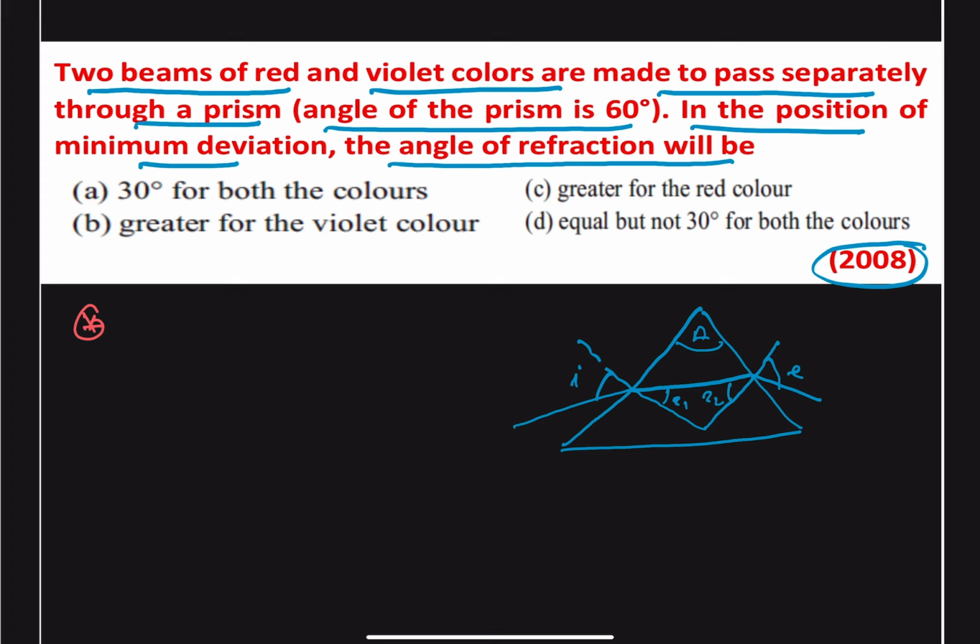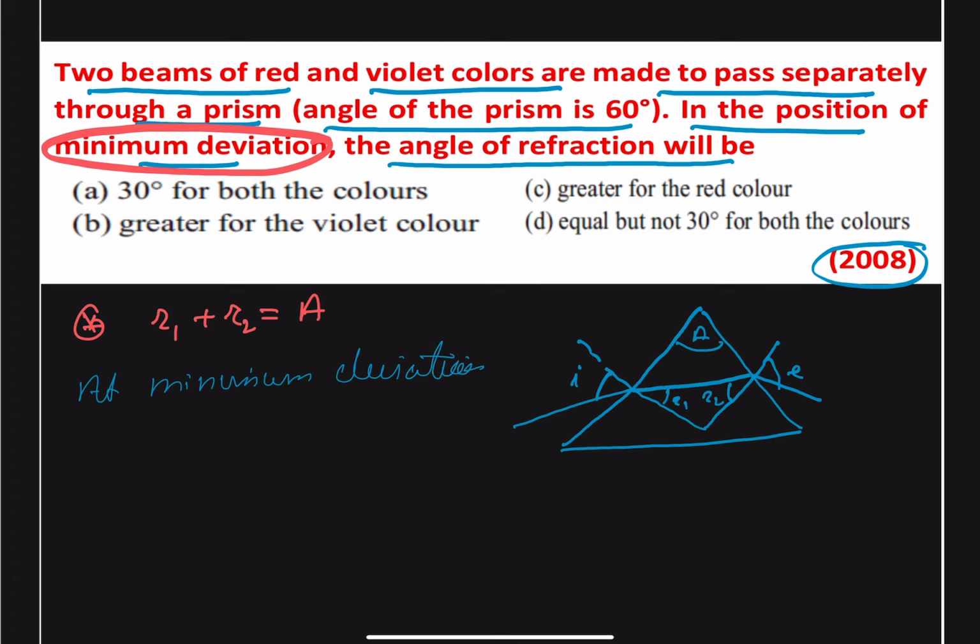So we know that R1 plus R2 is equal to A. But we want the position of minimum deviation, and at minimum deviation we have that R1 is equal to R2, and that is equal to A by 2.